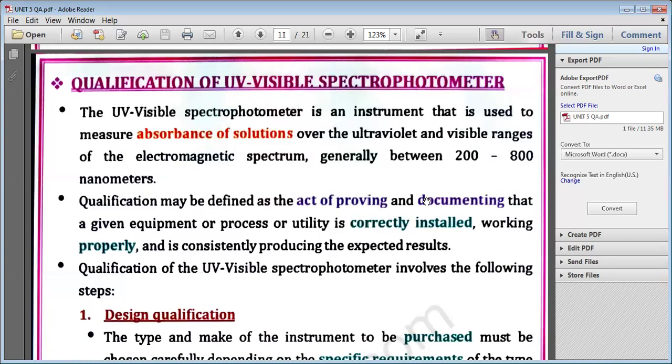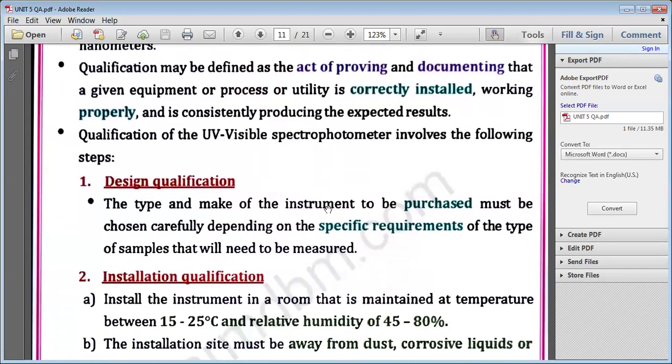Qualification may be defined as the act of proving and documenting that a given equipment, process or utility is correctly installed, working properly, and consistently producing the expected results.